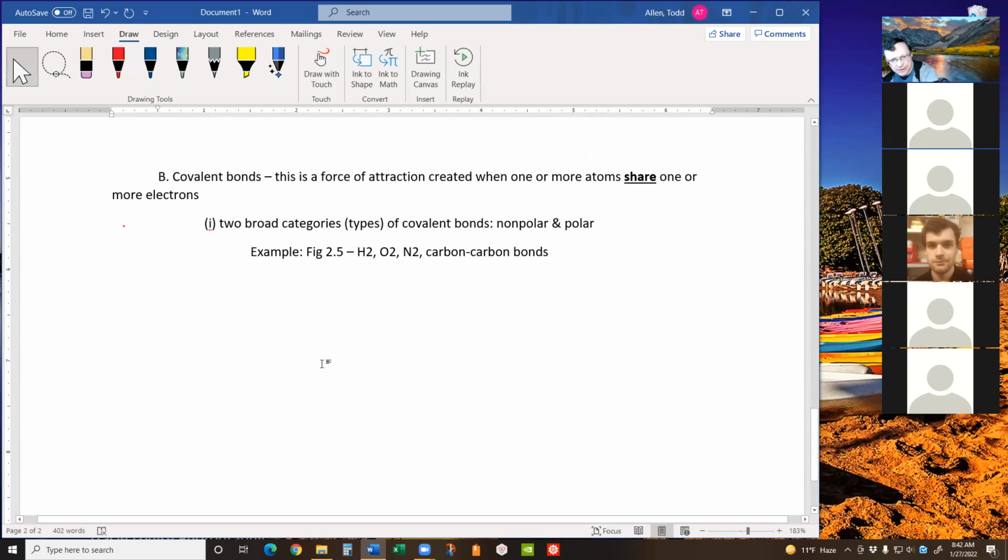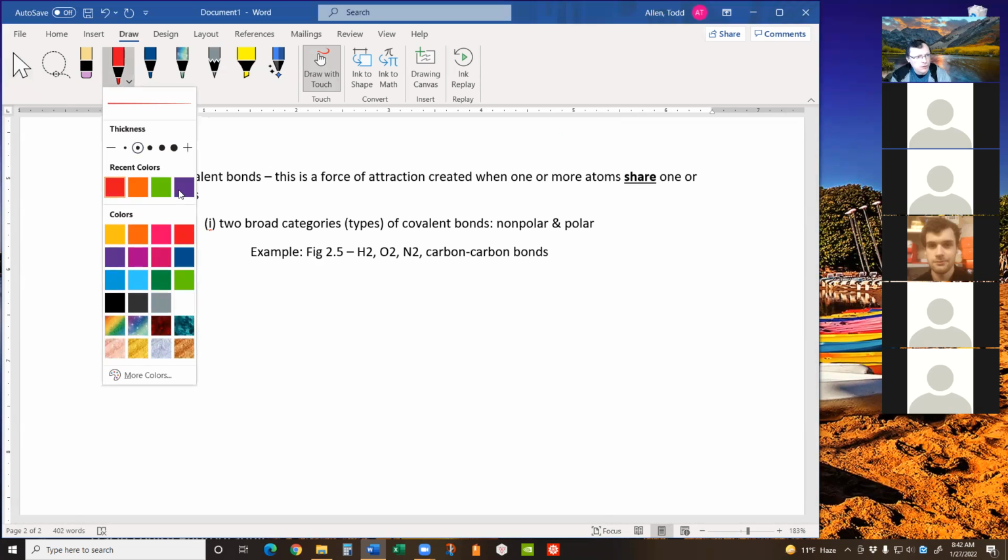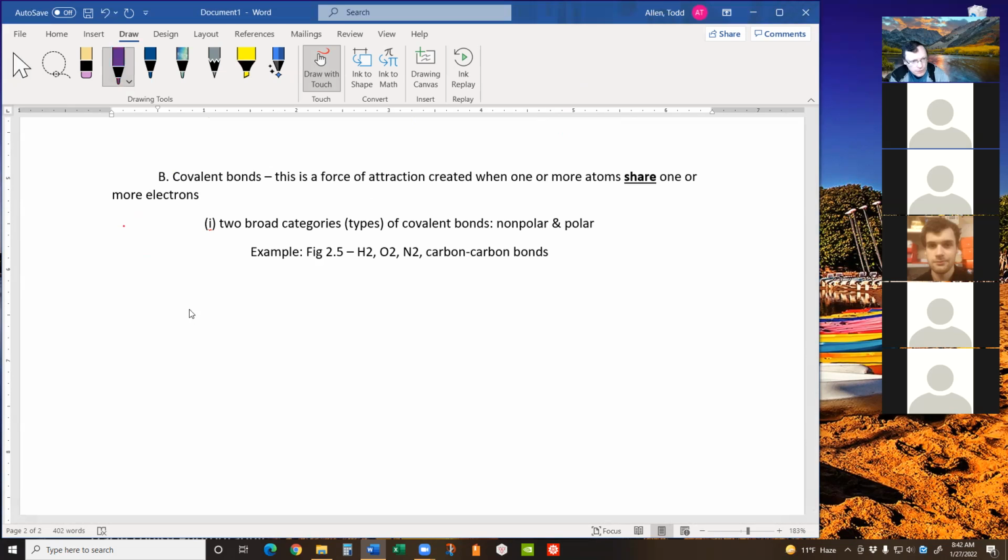Let me give you an example by drawing this out in a cartoon fashion. I'll draw some purple colored things here. So here's a nonpolar situation. If you have a carbon bond, this is going to be nonpolar.